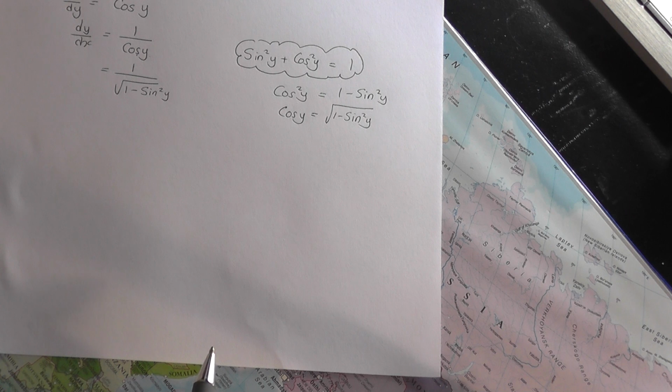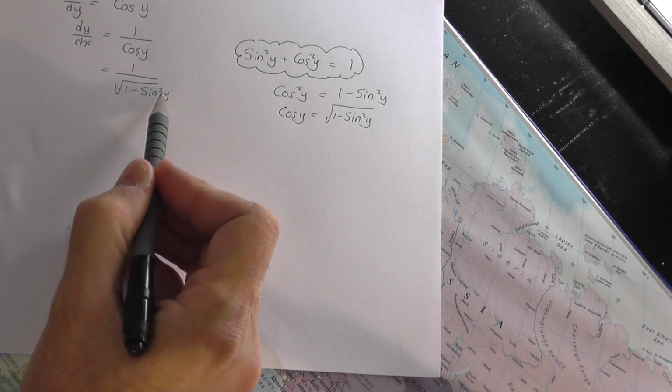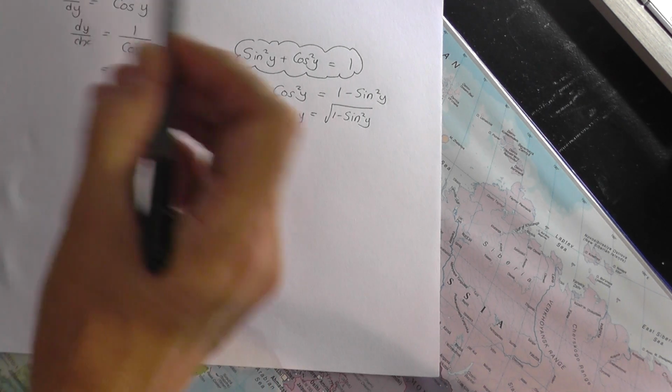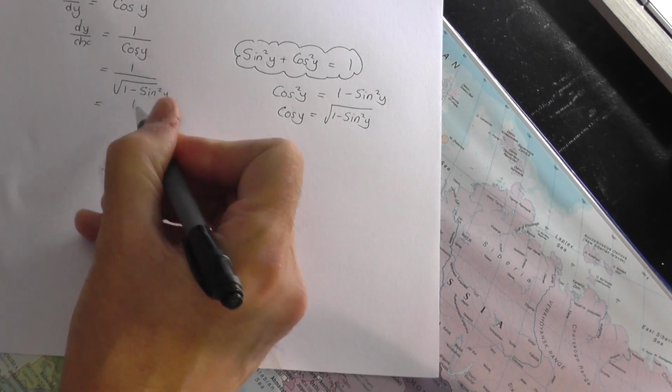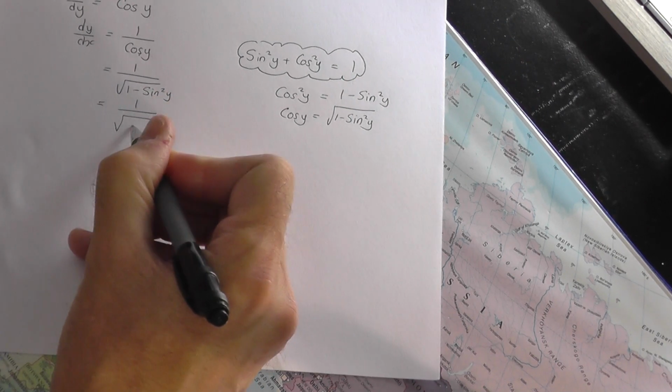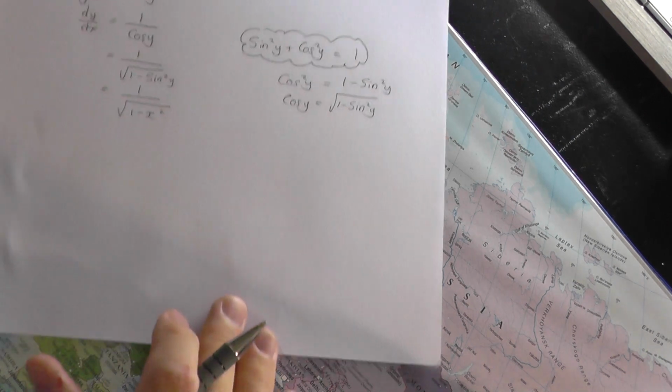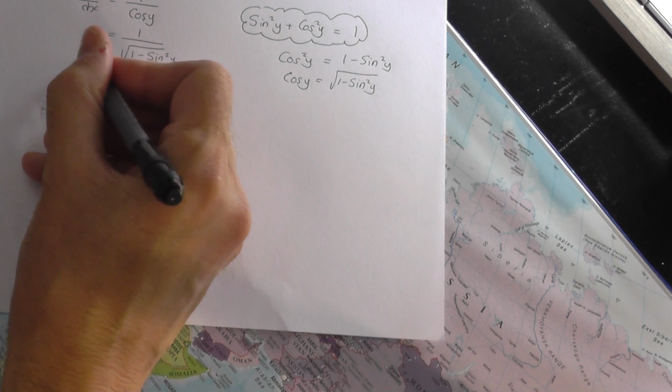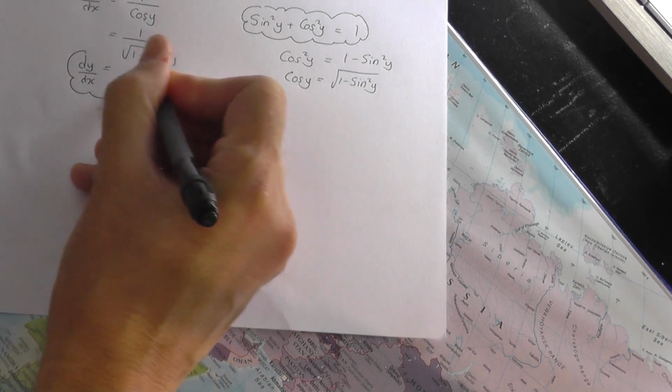And so we're nearly there now, because now we know that sine y is the same as x. So I can replace this as 1 over the square root of 1 minus x squared, because sine y is the same as x. And so dy by dx is equal to that.